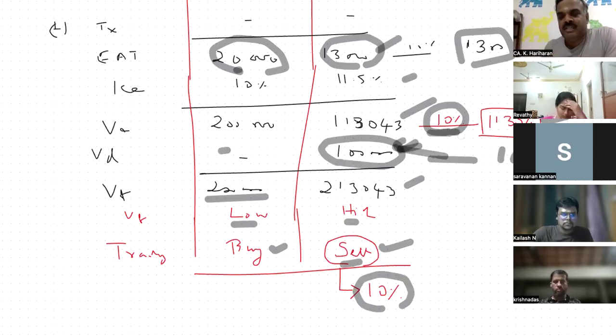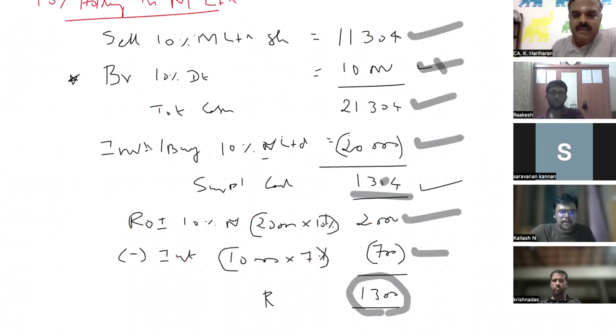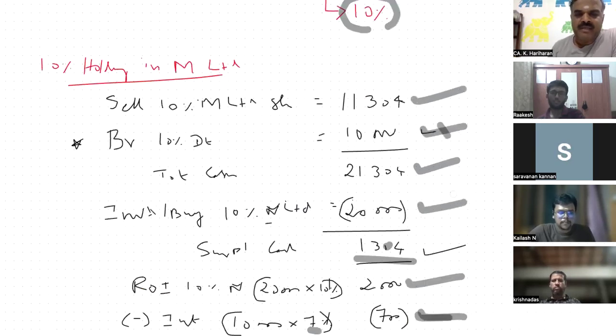Sir, regarding the interest rate, the company has only 7. We are taking 10%. Only 7 is the interest rate. 10,000 total, 7% only we have put. When we are borrowing from outside, it is not 10% interest but 10% of the debenture total. Total debenture of M Limited is 1 lakh, out of which 10% debenture we are borrowing. That way we are borrowing 10% debt. It's not an interest component.